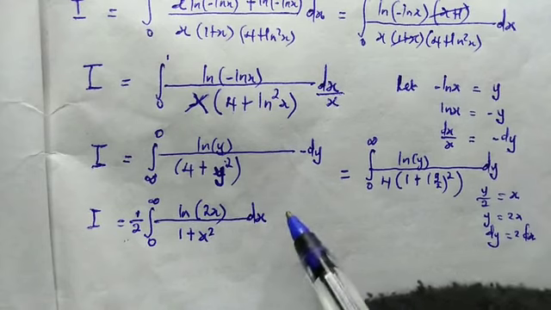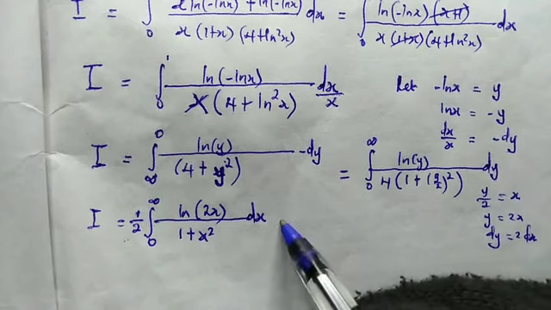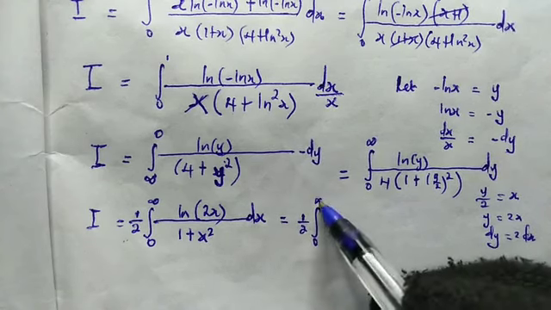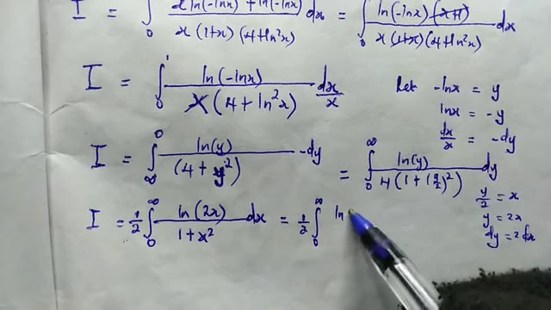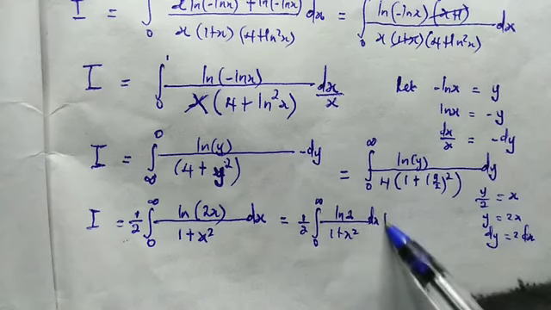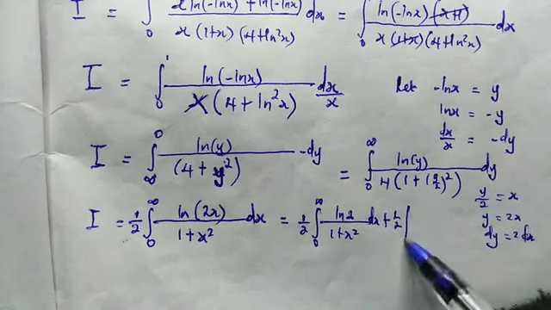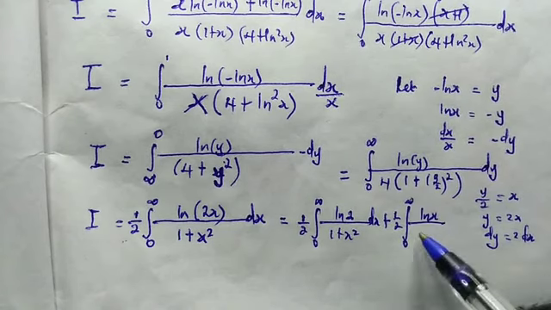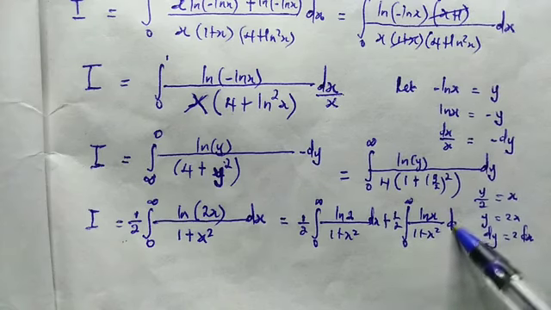Wow. So from here, this integral is really looking very familiar. We have to make use of the properties of the natural logarithm. We have here natural log of 2 over 1 plus x squared dx plus 1 over 2, the integral from 0 to infinity of the natural log of x all over 1 plus x squared dx.